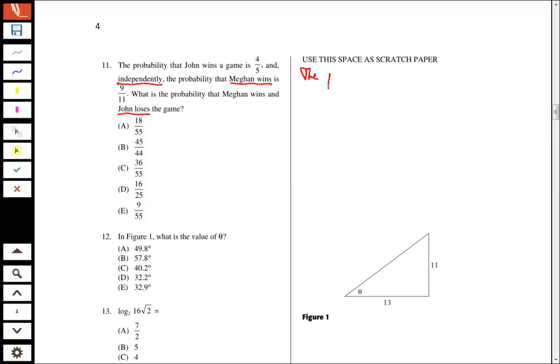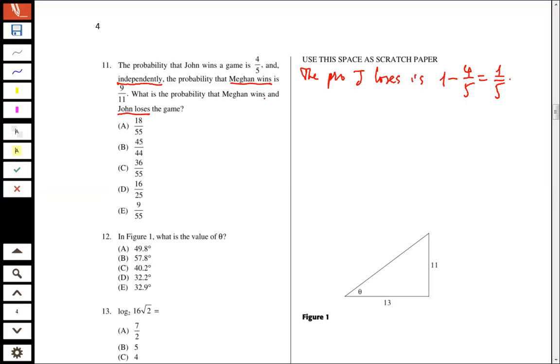The probability that John loses is 1 subtract 4/5, equal 1/5.